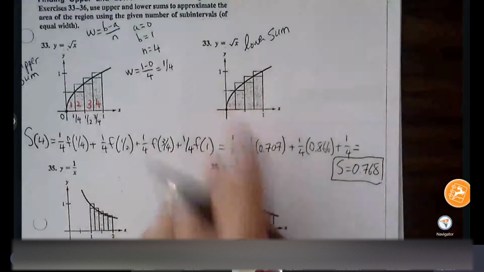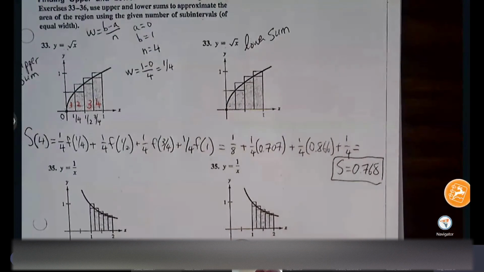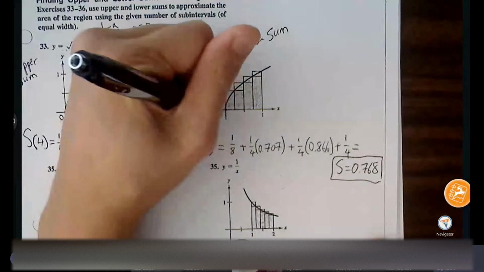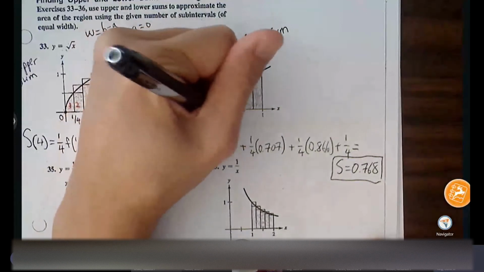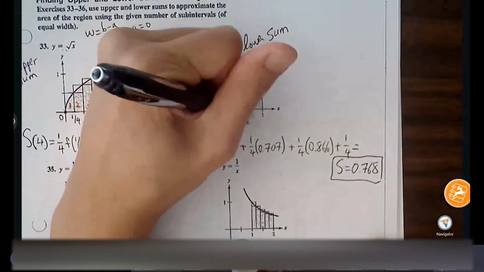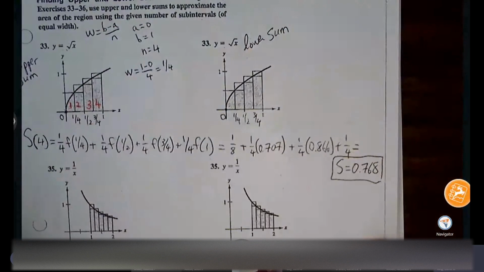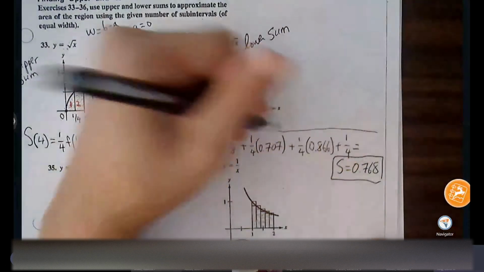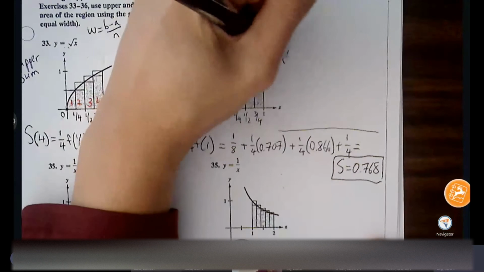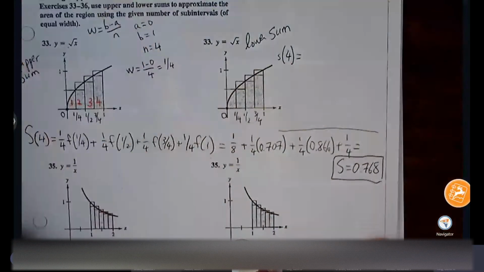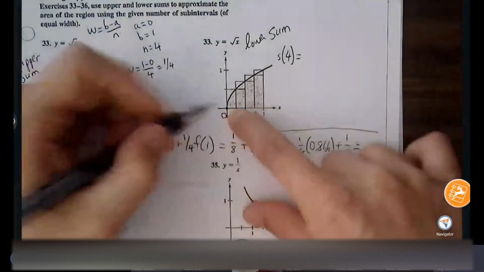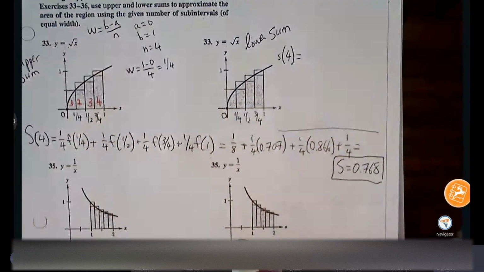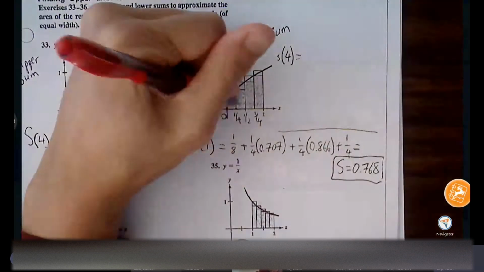All right, let's finish up with lower sum for number 33. Same width, same subinterval. Width of 1/4, but now we want to choose the lower of the two heights.